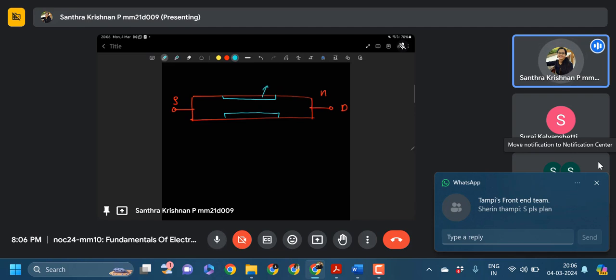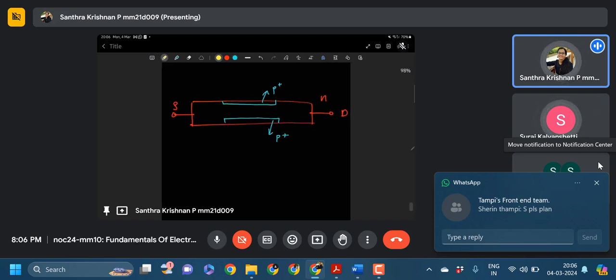This is P plus, and this is also P plus, both heavily doped. Because of these junctions we have two depletion regions, and most of the depletion region will lie in the N part. This is without any external bias.